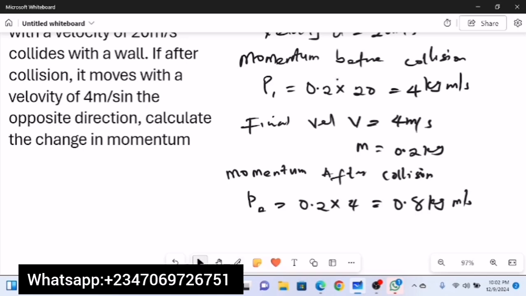Now the question is saying calculate the change in momentum. Change in momentum simply means the difference between the initial momentum and the final momentum.